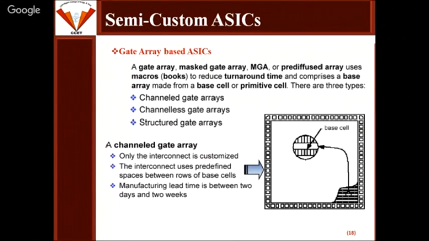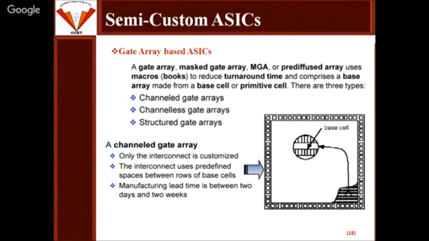Between the rows of the different CLBs, different logical blocks, we are working on the channels. We define some channel, and we have to interconnect them using that channel area only.